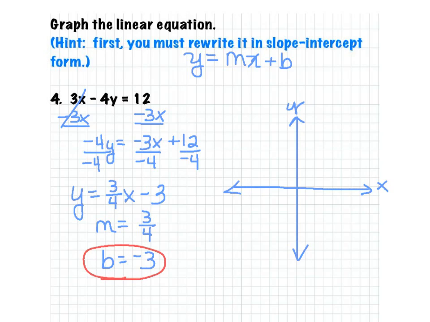So notice that this line goes through the y-axis at negative 3. So graph that point on your coordinate plane. From that point, we're going to rise 3, positive 3. We're going to run positive 4, and we'll do the opposite. We'll go down 3 to the left 4. Once we have 3 points, then we can graph our equation.